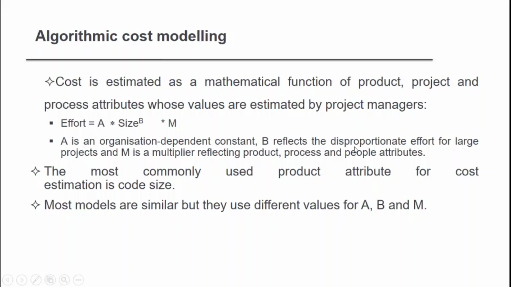B reflects the disproportionate effort for large projects, and M is a multiplier reflecting product, process and people attributes. The most commonly used product attribute for cost estimation is code size. So depending upon the code size also, the estimation will be calculated. Most models are similar, but they use different values for A, B and M. These depend on the model.